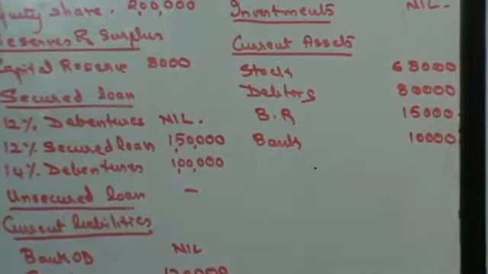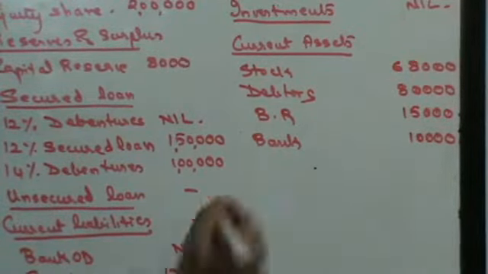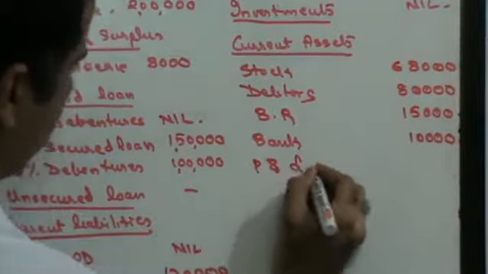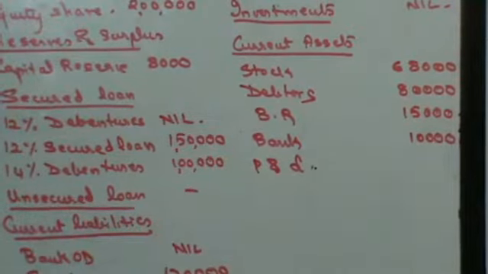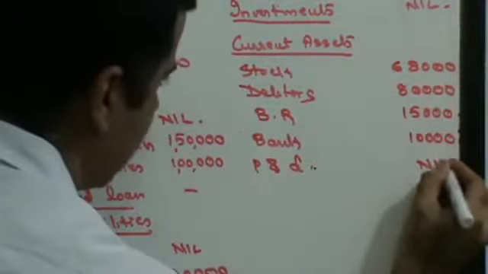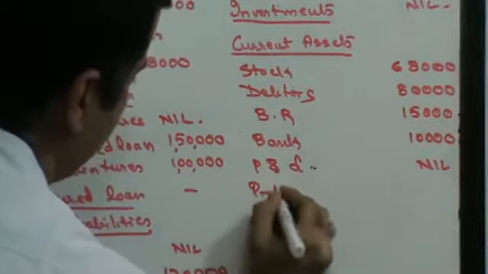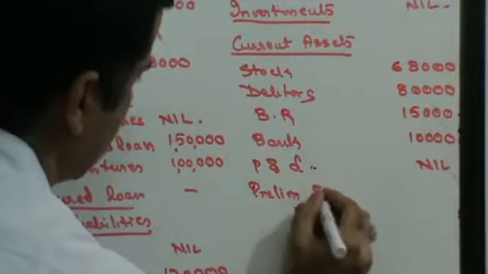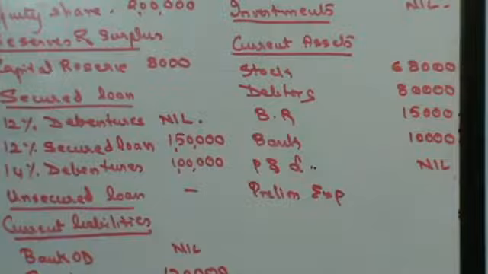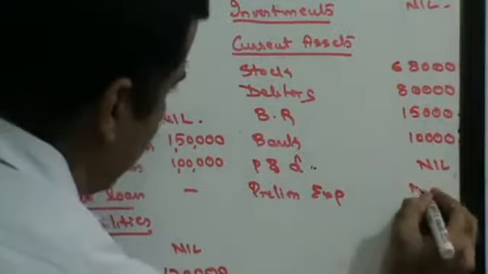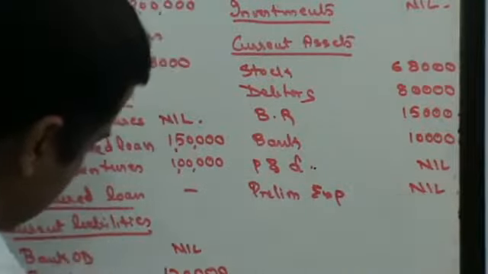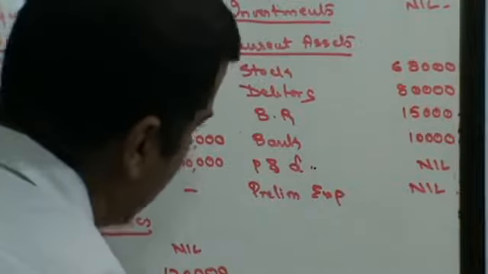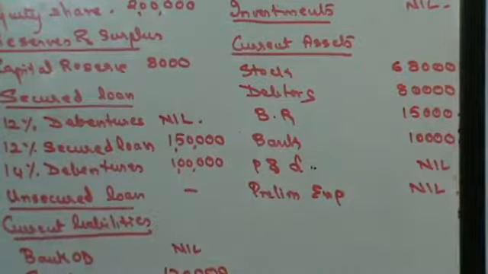Fine. Next you have profit and loss. Profit and loss is 8 lakh 20 and 8 lakh 20, that is nil. And preliminary expenses is 45 and on the credit side 45, nil. Tally your balance sheet please.